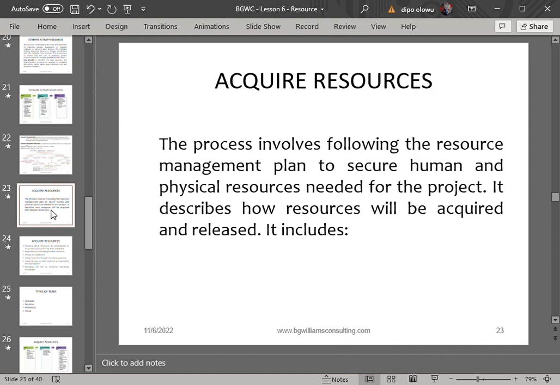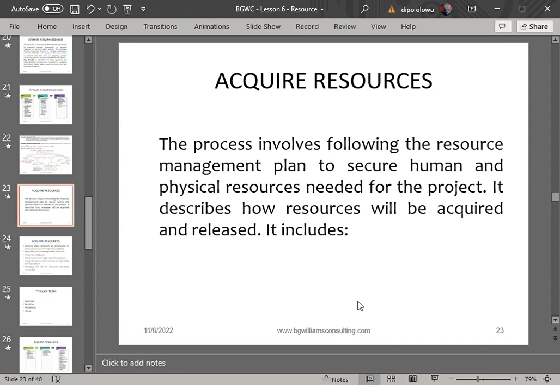So now you have been able to estimate the quantity of resources you need. The next process is the executing process, which is the process where you actually go to get the resources. So acquire resources is that process in resource management where you actually take a step to get those resources.